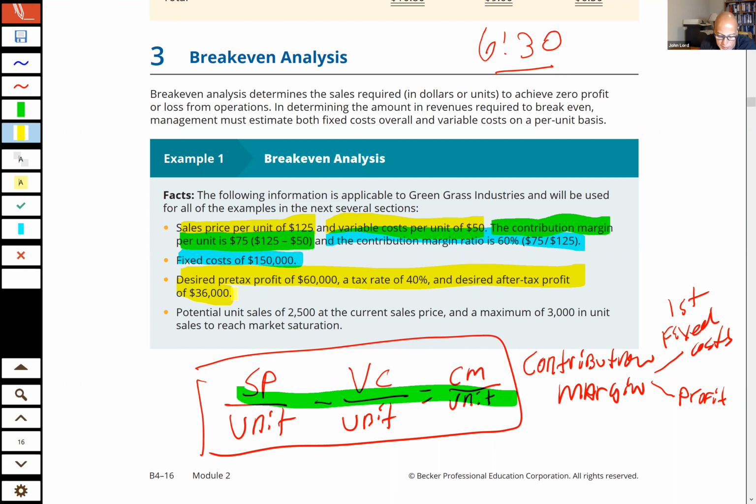Okay, 60 times 60% would have given us the 36,000. And then they give us the potential unit sales of 2,500 and a maximum of 300 sales to reach market saturation. Okay, so they give us all of these different things here, and we're going to go through and do a variety of calculations, starting with break even in units.